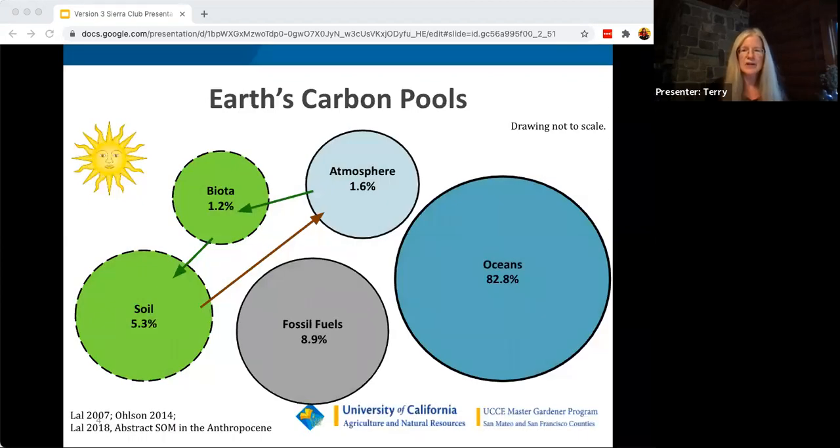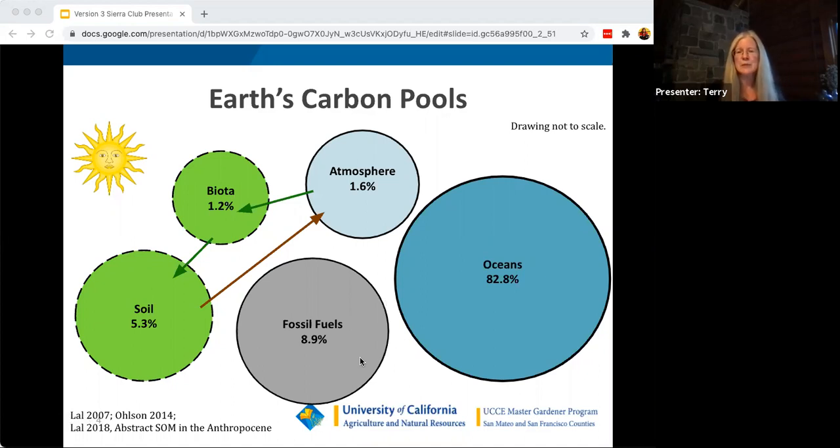So I'd like to talk just a little bit about Earth's carbon pools. We hear a lot about the atmosphere, but there's a lot of carbon stored in our oceans, and there's also a lot of carbon left in the ground in fossil fuels. And actually, that's a good place for it to stay.